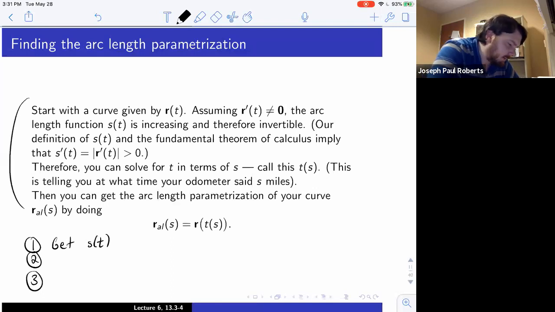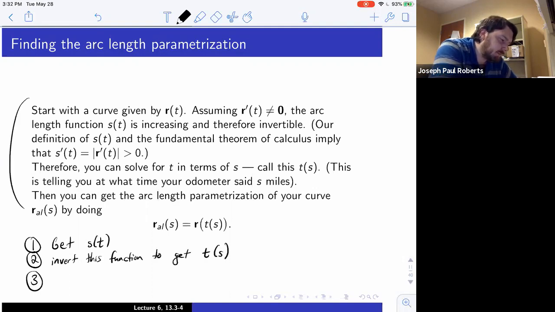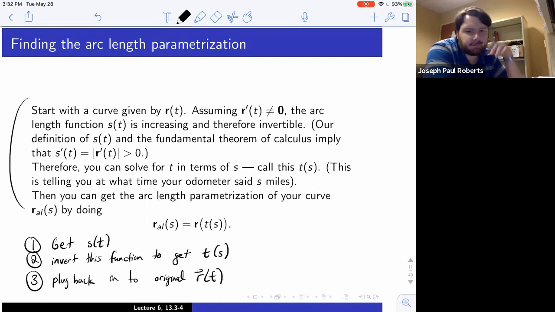Step 2, invert this function to get t in terms of s. And then step 3 is to plug back into the original r of t.